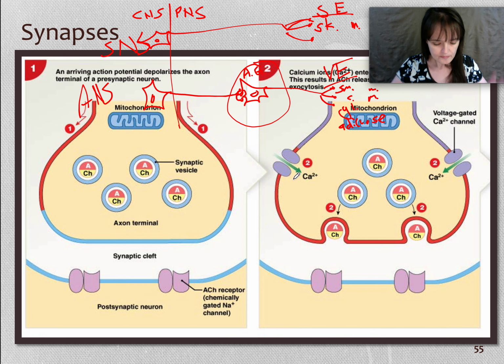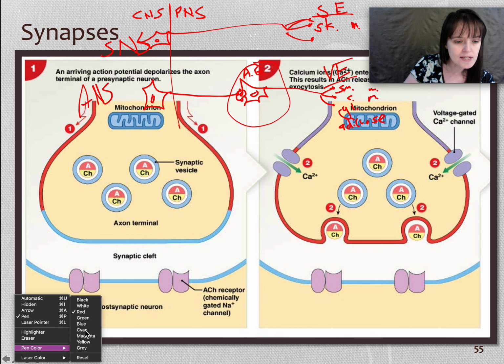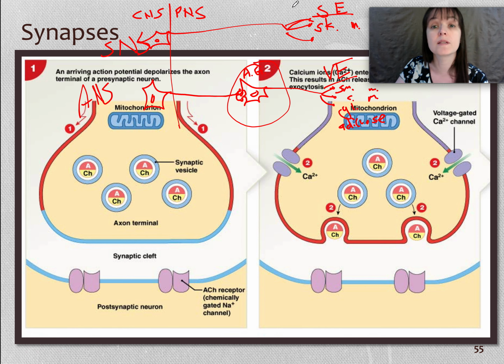All right, so what we just said for cholinergic neurons, let's make the acetylcholine cyan, because that's a fabulous color. We had number 1, all neuromuscular junctions. So this is cholinergic. We said many synapses inside the CNS. So many of the things inside the CNS are cholinergic, but not all.